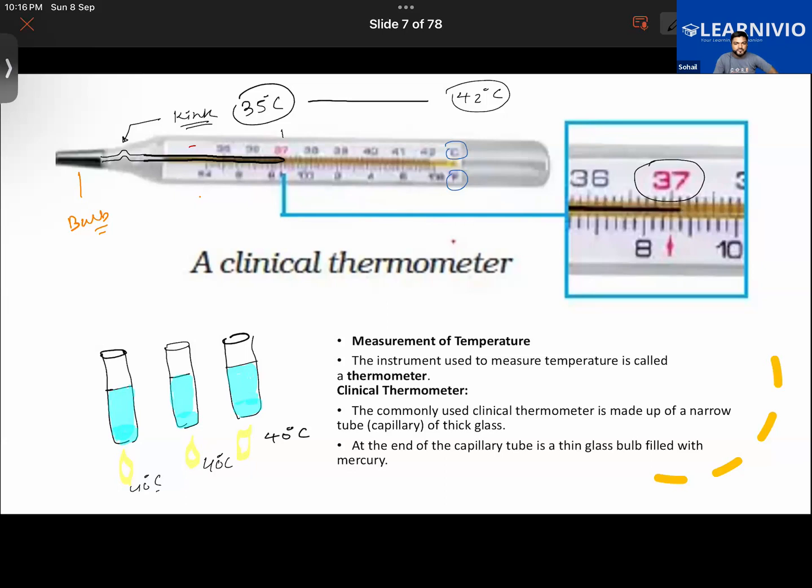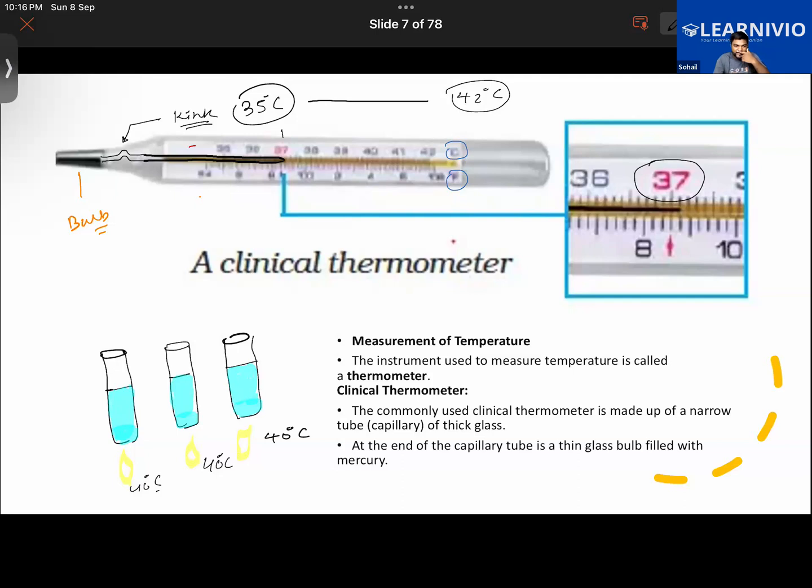Because if the solution or the water you're measuring is too cold, or too hot, it will break the thermometer. Exactly. The clinical thermometer might break if it is exposed to very high temperature.